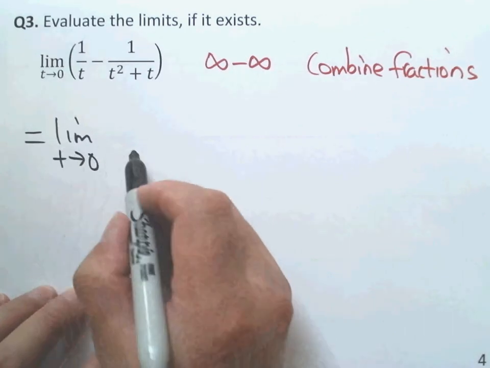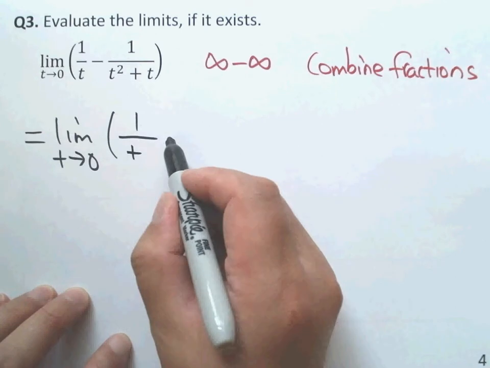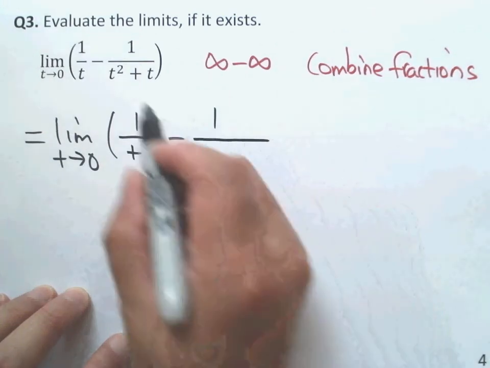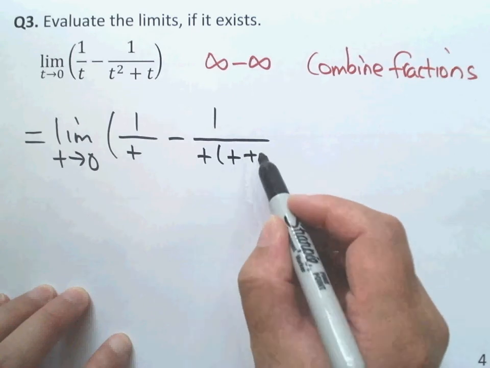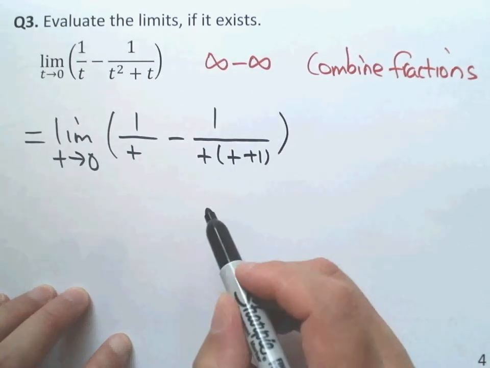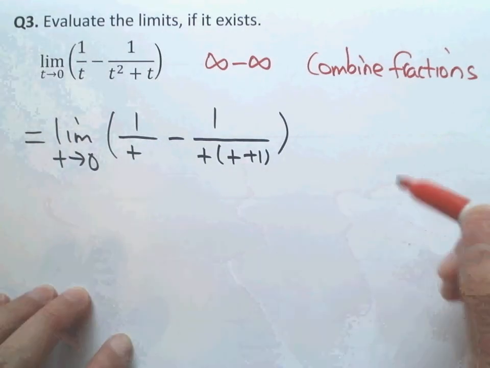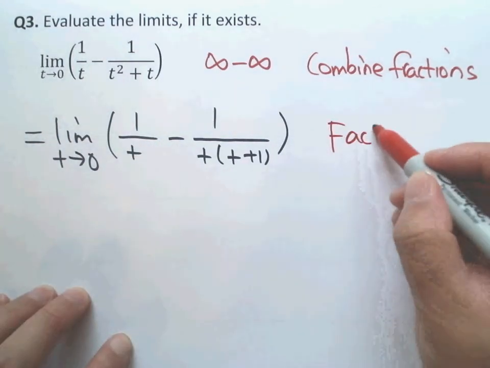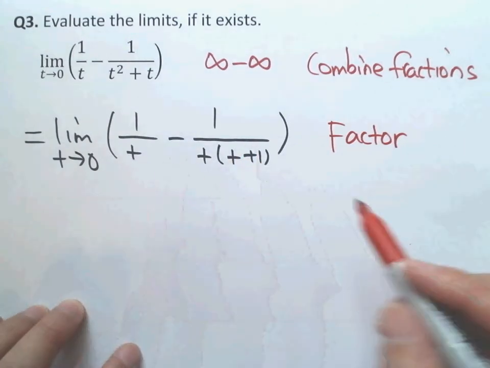Let's see. The limit. The first step: t is a common factor, we factor it out, and then t plus 1. The first step is easy, it's just factoring.